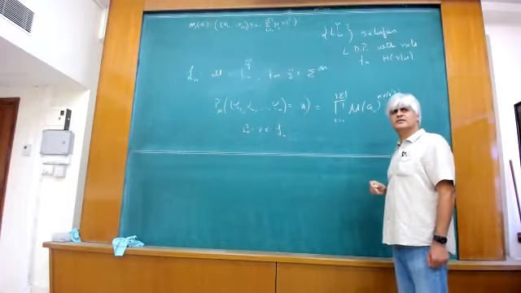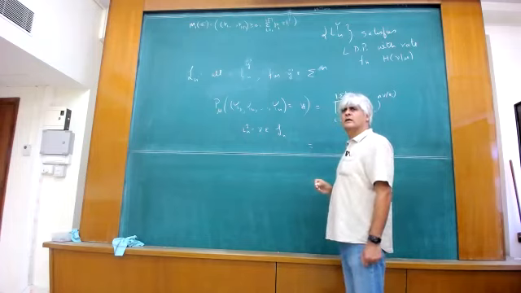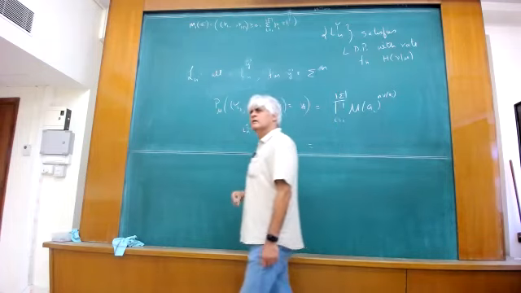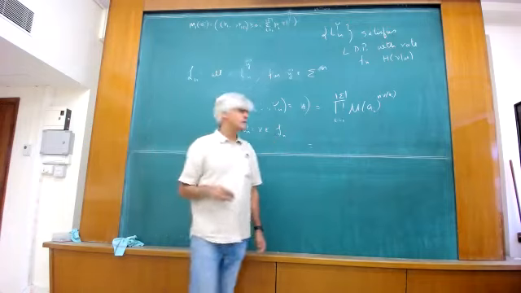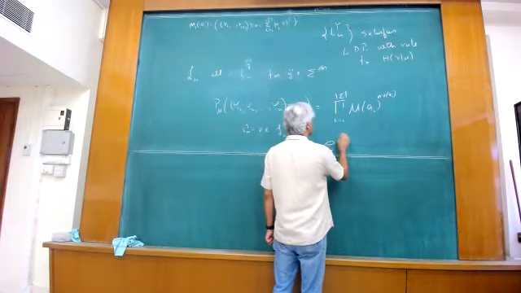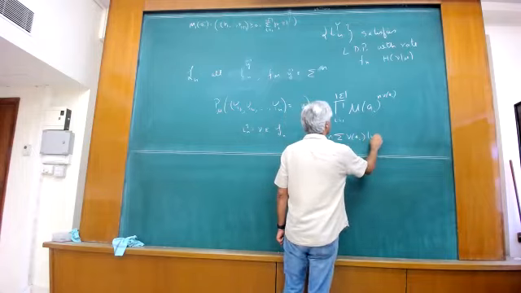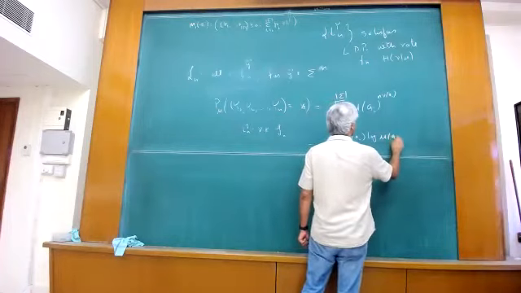I can rewrite this as e to the power n times the sum of nu(a_i) log mu(a_i). Right?